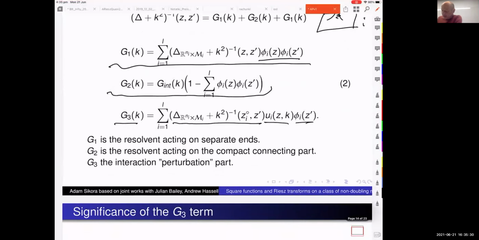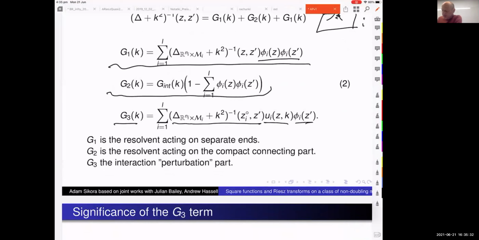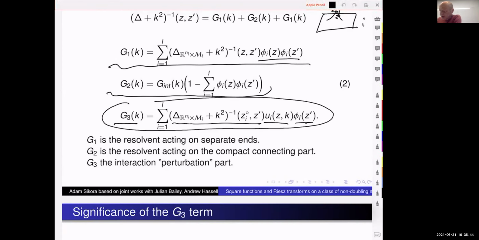So this is the interaction perturbation part. In a sense, this inner resolvent term, if you think about it, it's maybe not that apparent from the formula, but this term G3 is really a rank 1 operator. It's something a little bit like phi of z times psi of z prime.